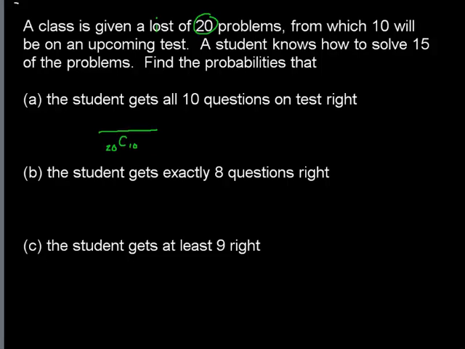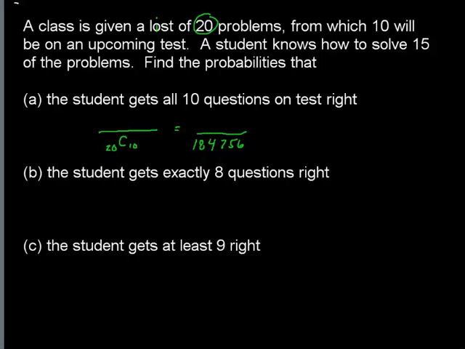If they switch around the problems, it wouldn't be a different test, is my point. So 20 choose 10. Well, not huge, but pretty big: 184,756. So really big number here.